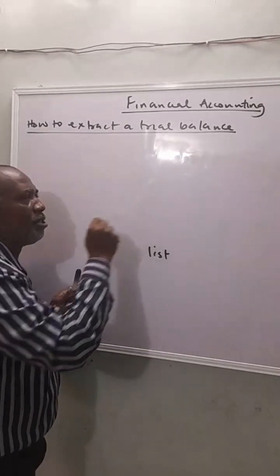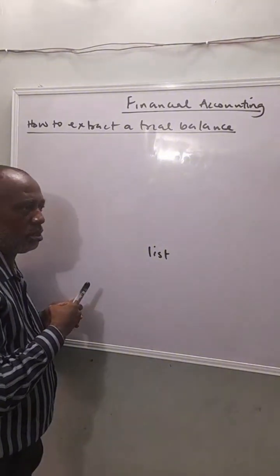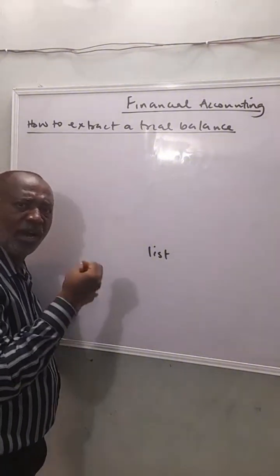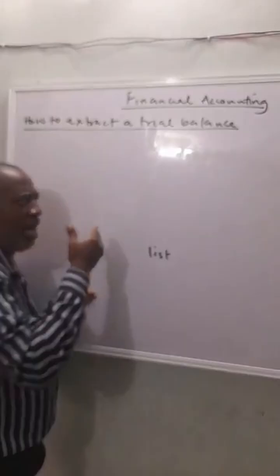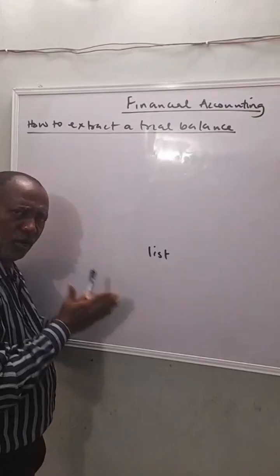The purpose of preparing a trial balance is to determine arithmetical accuracy, to know whether additions done in the ledger when posting to the ledger are all in order.